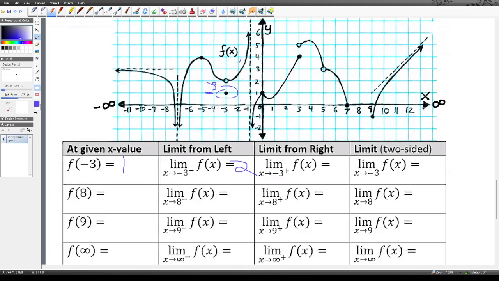We're looking for x approaches -3 from the positive side, so it's going to be getting closer and closer to 2 near this jump discontinuity. So your limit will be 2. Since these two are equal, your limit will be 2. Let's evaluate for 8.